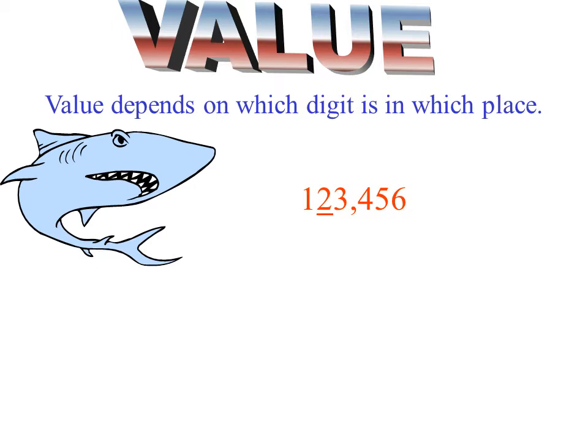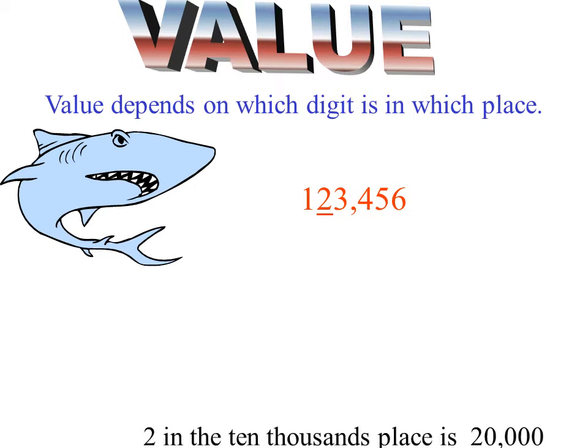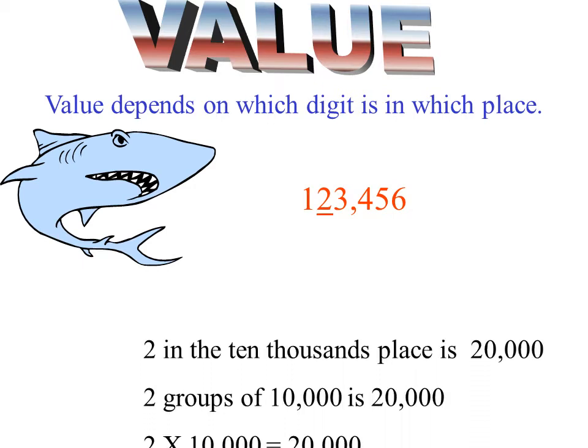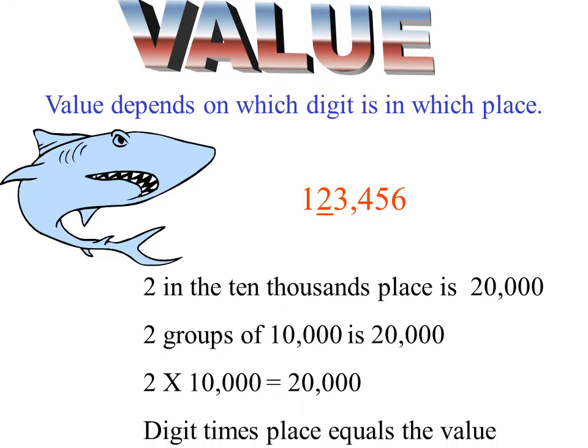If I want to know the value of 2, we have to know the place of this digit. 2 is in the 10,000 place, so you can multiply 2 times 10,000 to get the value, or you can count the zeros in the 10,000 and put them beside the 2.